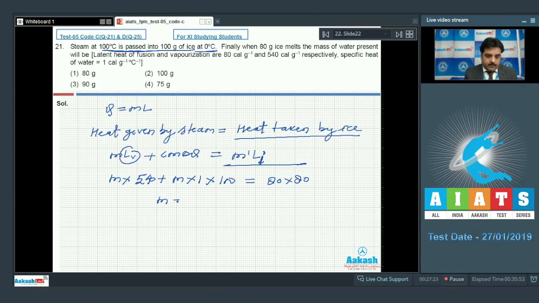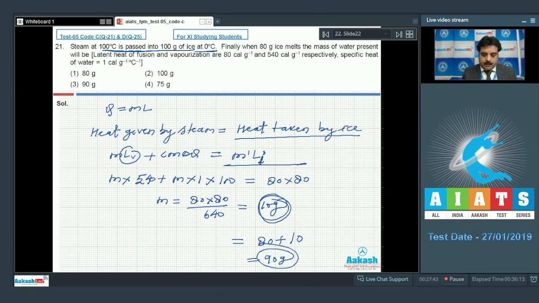So when you calculate, you get m equal to 80 into 80 divided by 640, which is 10 gram. But I need the mass of water present. So already 80 was there and 10 from this, so you will get 90 gram. By this discussion, I can say option number 3 is the right choice.